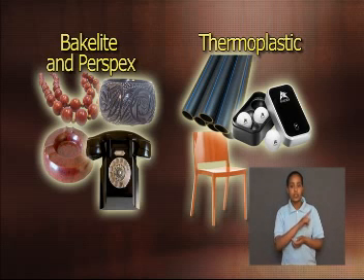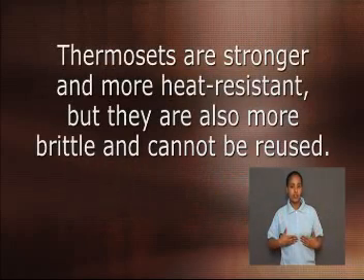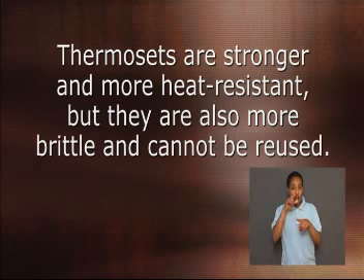Their rigid, cross-linked molecular structure makes them both stronger and more heat-resistant than most thermoplastics. However, they are also fairly brittle. They cannot be reused after they have been molded and cured. If those were your answers, great work.